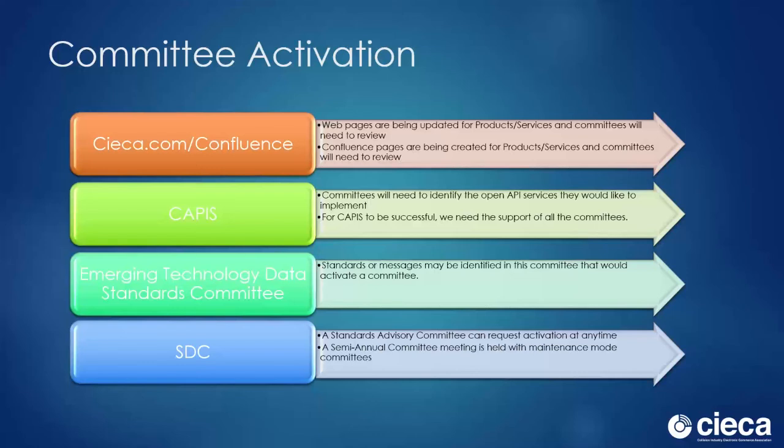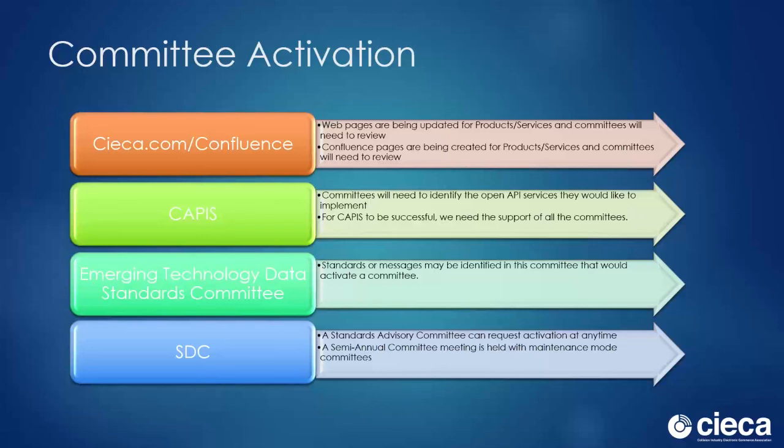We also believe that we will be seeing new terminology, new code list values, and maybe even new code list messages that we will need to identify and share, and that will bring each of these committees active so they can look over and approve the changes and make sure that we identify those standards correctly.